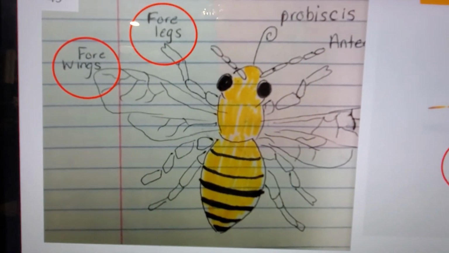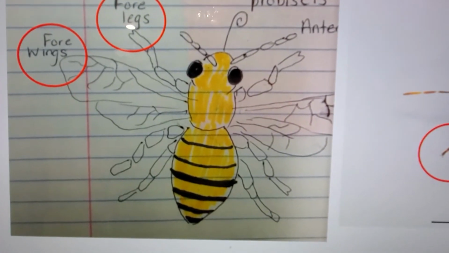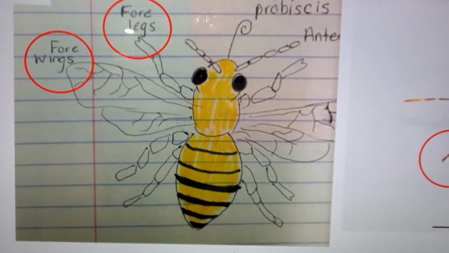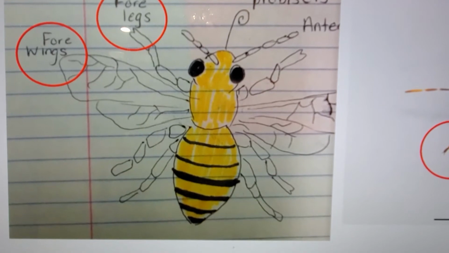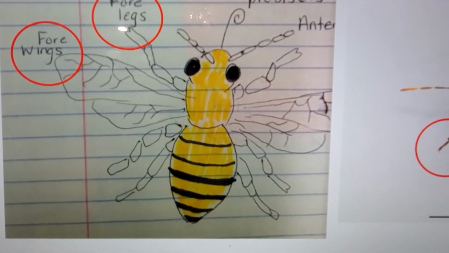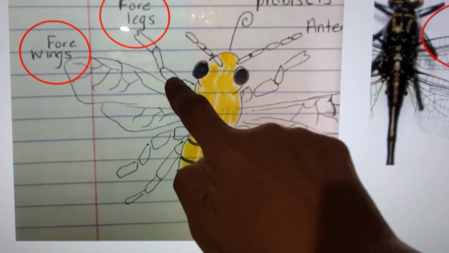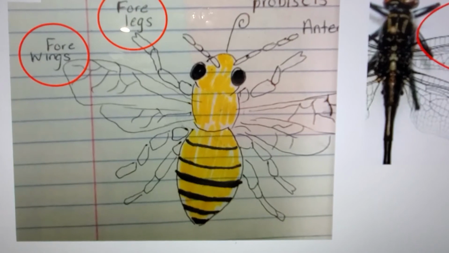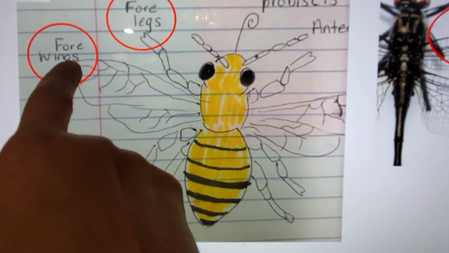Insects also have forelegs. I don't mean the number 4, but the legs that are in front. You can see it's usually just 1 set of legs in the front, like here and here. They also have 2 sets of wings sometimes. Here's the forewing, meaning the wings that are in front.